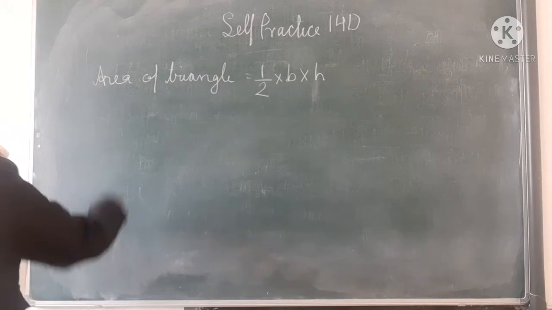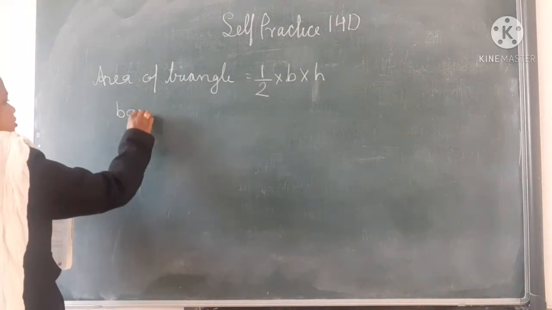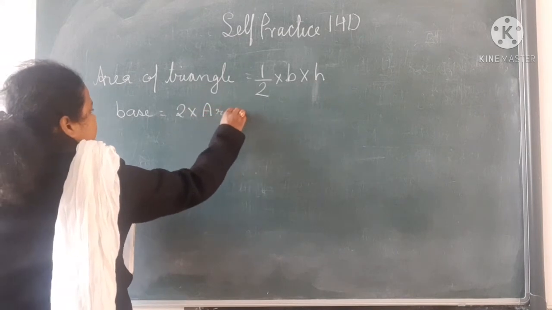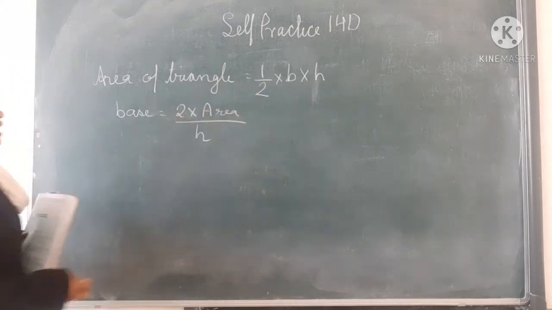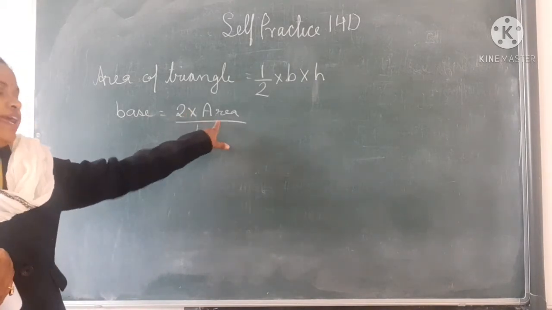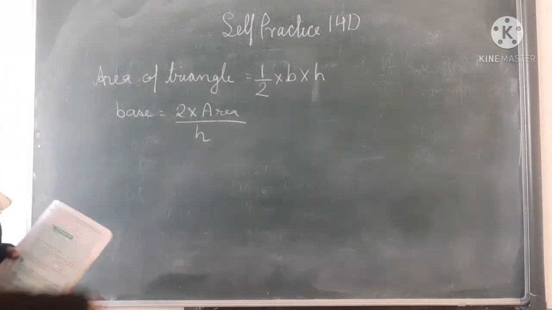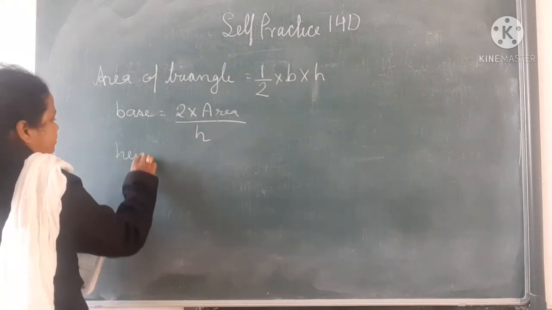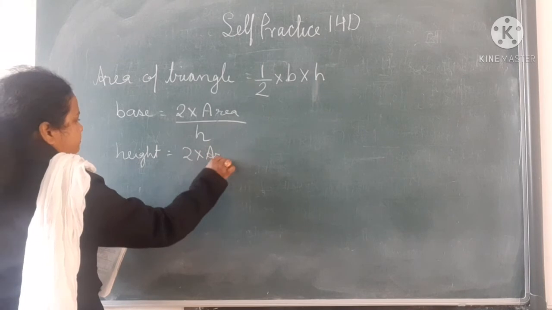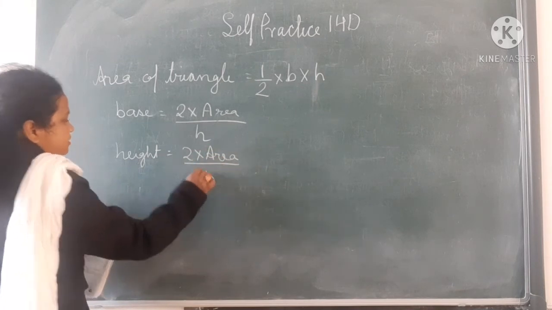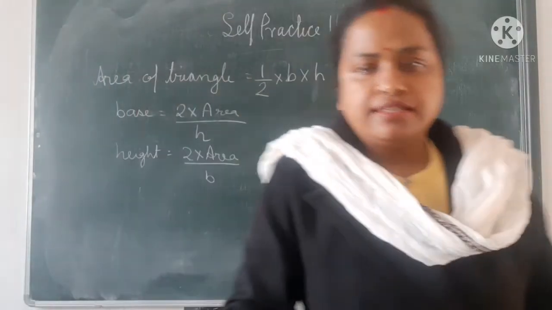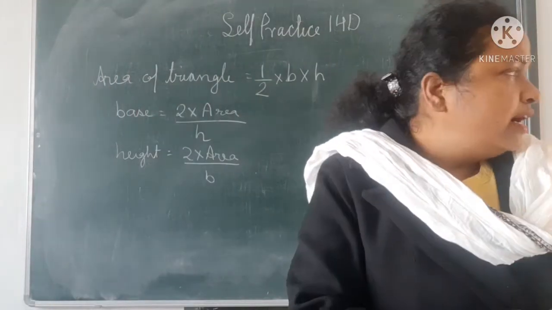If you want to find base, what you will do? 2 into area of triangle upon height. And if you have to find height, what you will do? 2 into area upon base. This will be your formula.